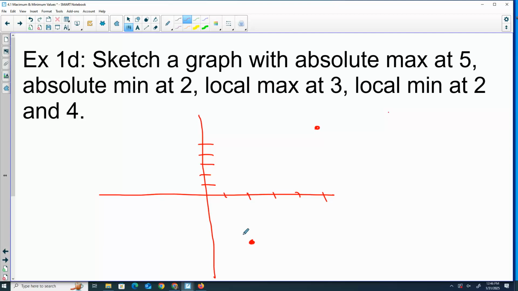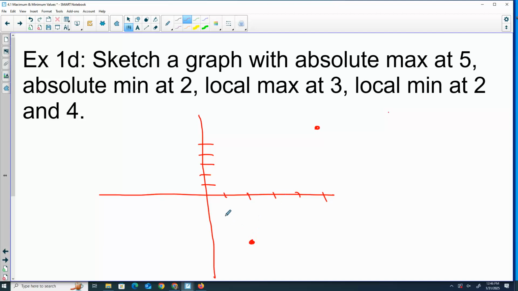Okay. A local max at 3. So when x is 3, we have our highest point, but just for that area, not necessarily the highest on my entire graph, right? So 3 somewhere, and we have a local min at both 2 and 4. So 2, can it be an endpoint?